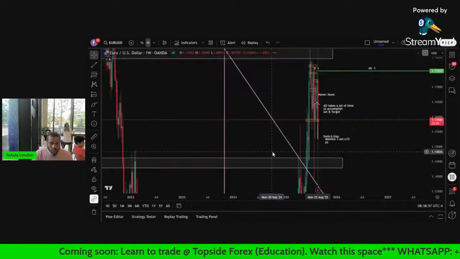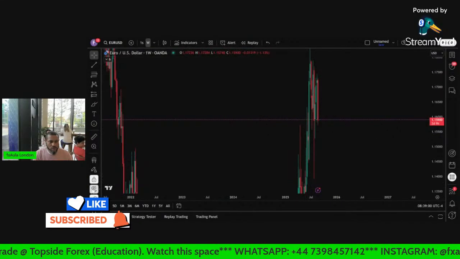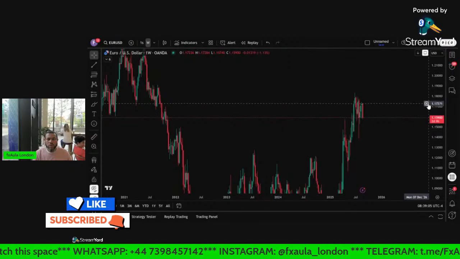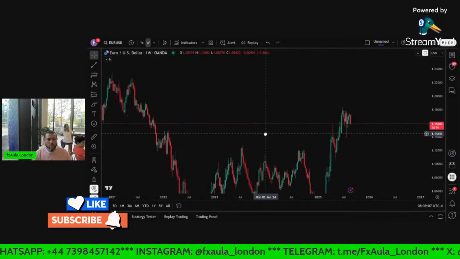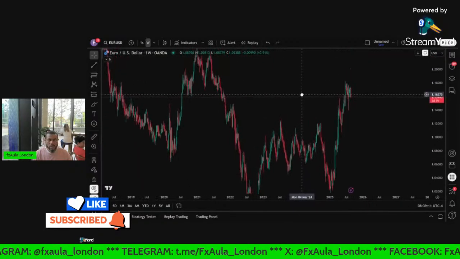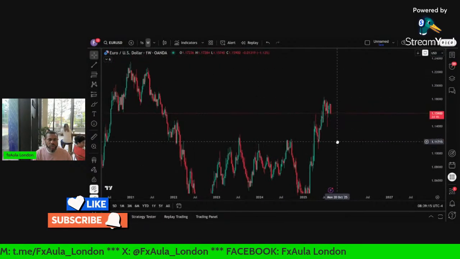I'll quickly go to the 1 week to see what's going on. The price is consolidating on the weekly. Price has been in a very serious consolidation for so many weeks.